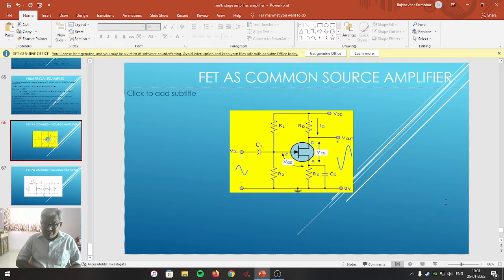We also studied in the last year the MOSFET, a metal oxide semiconductor field effect transistor. It is again of NMOS type, PMOS type, CMOS type, depletion MOSFET, enhancement MOSFET. So all those different aspects regarding field effect transistors we studied in last year's class, that is in BSc 1.